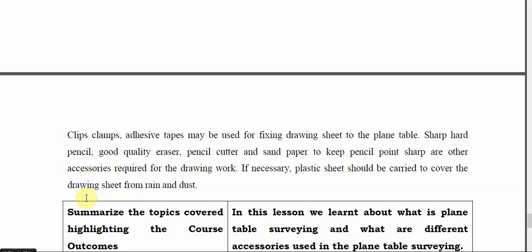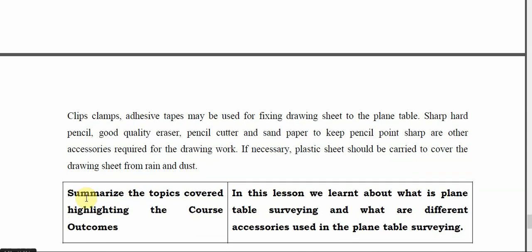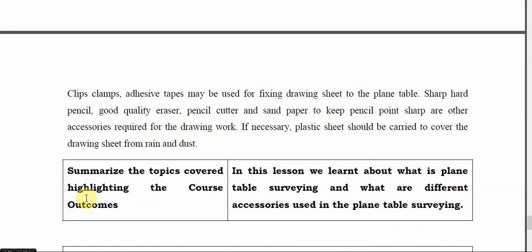Pencil, good quality eraser, etc. are also accessories required for the drawing work. If necessary, a plastic sheet can be carried to cover the drawing sheet from dust and rain. So these are the accessories required for plane table survey.